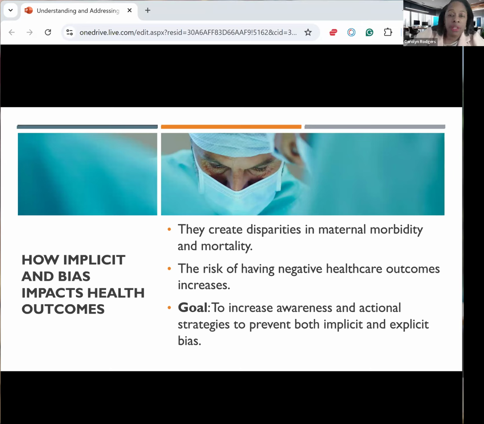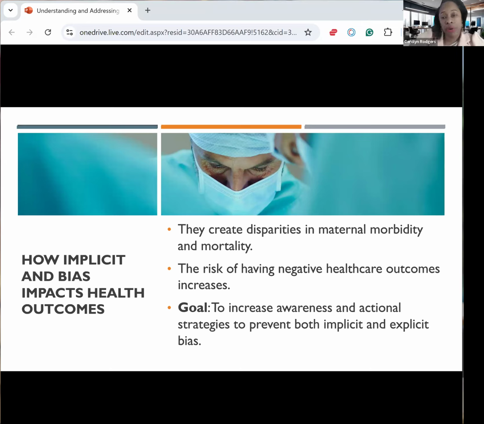This was from the Listening to Mothers 3 survey that was done in 2013. The other thing is disparities in maternal morbidity. So, Black women are twice as likely to experience severe maternal morbidity, which are life threatening complications during childbirth, compared to white women.